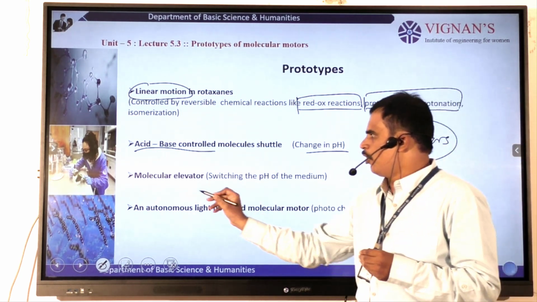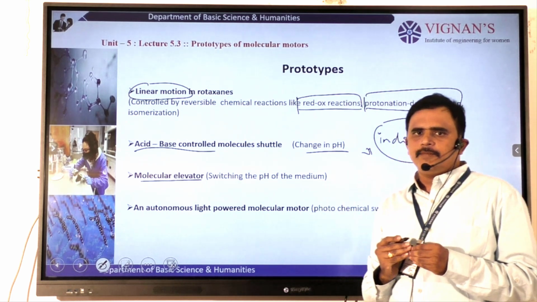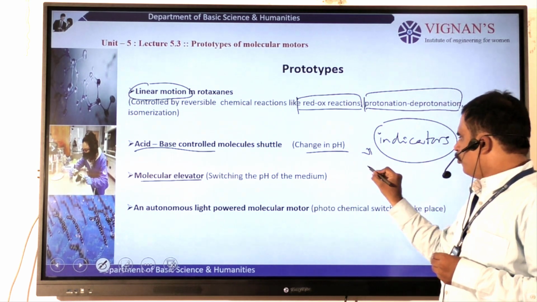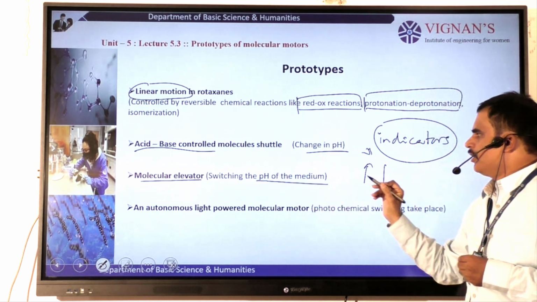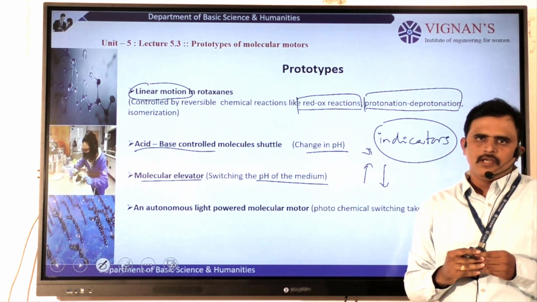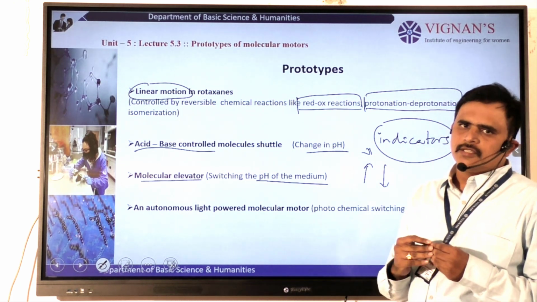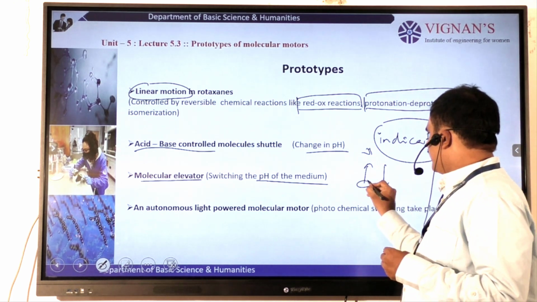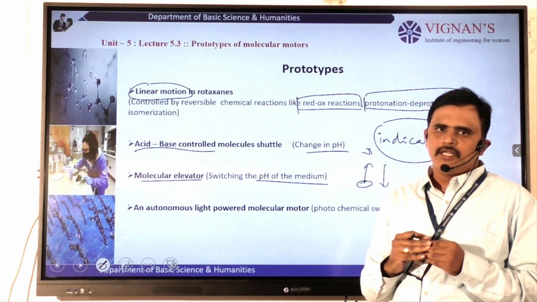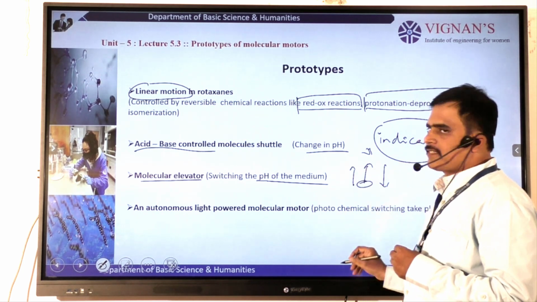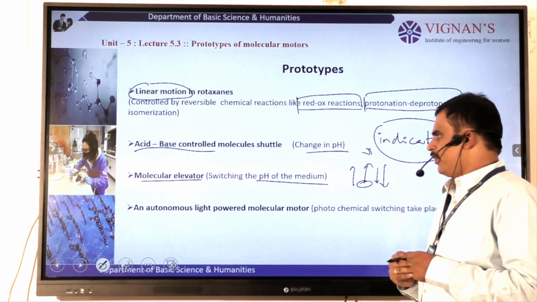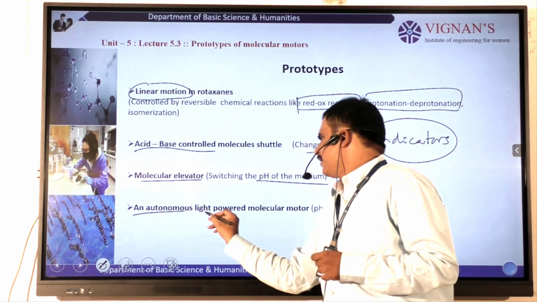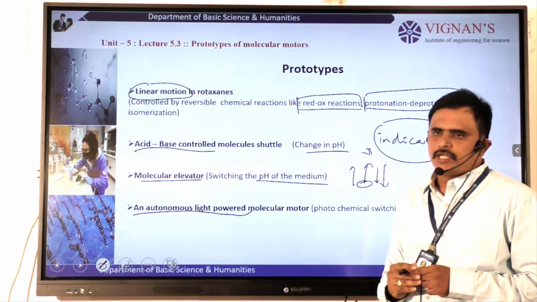The third one is the molecular elevator. Here the molecule moves either upward or downward with the change in the pH of the medium. When the pH changes, the molecule on a component moves either upward or downward. The fourth one is an autonomous light-powered molecular shuttle.